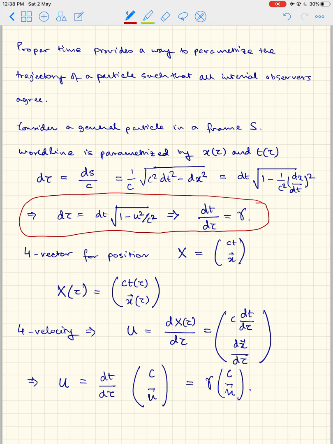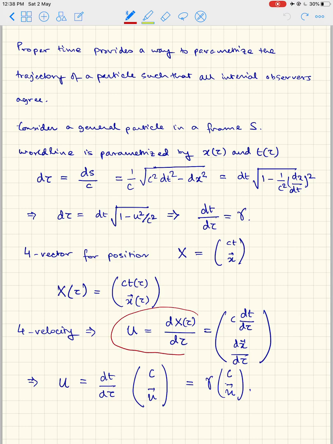Now what we can do is write down a velocity 4 vector, which is going to be u equal to dx by d tau. So this is c dt d tau by dx d tau. So u is given by this expression here. So it's gamma c and u vector. Okay, so this now transforms in the right way.